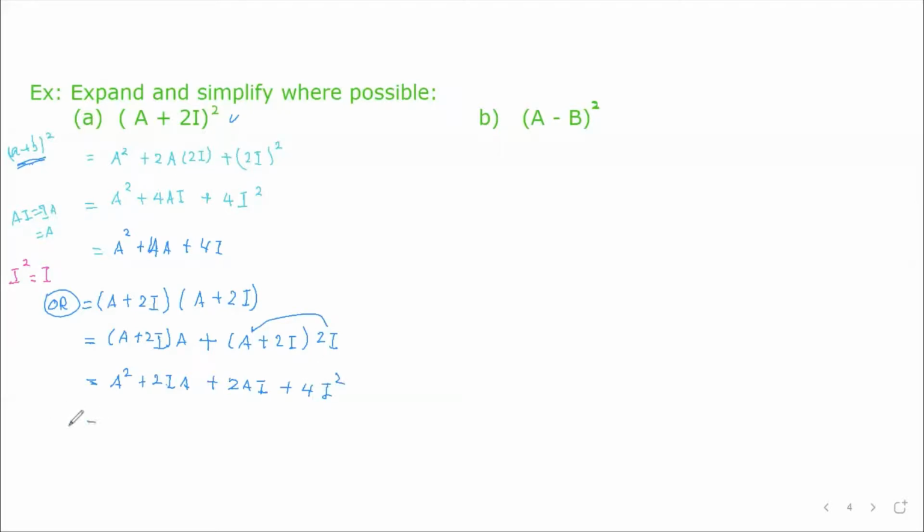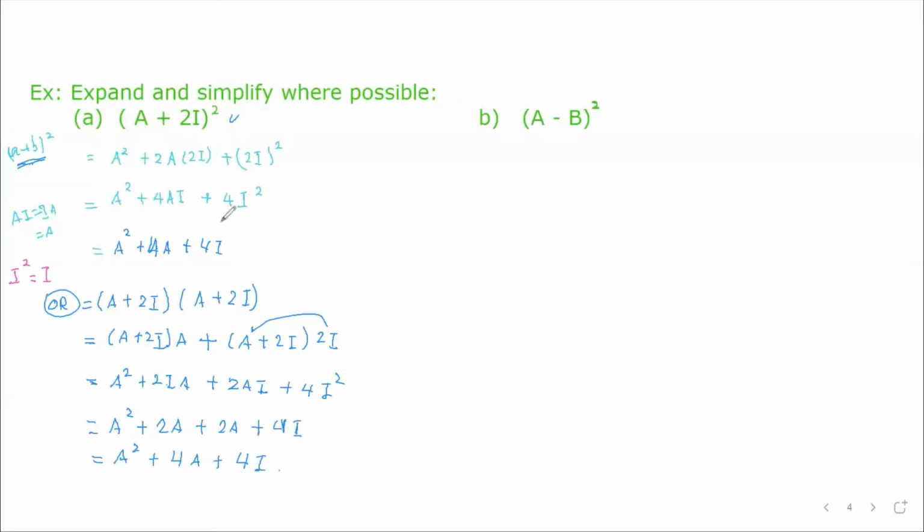So we simplify the final: A squared, plus IA equals AI equals A, so it becomes 2A. Plus also AI equals A, so it becomes 2A. Plus 4I, I squared means I, okay? So then we have A squared plus 4A plus 4I.